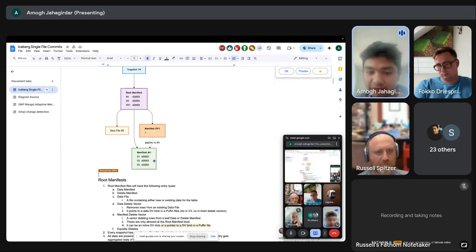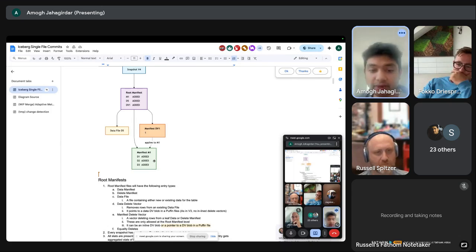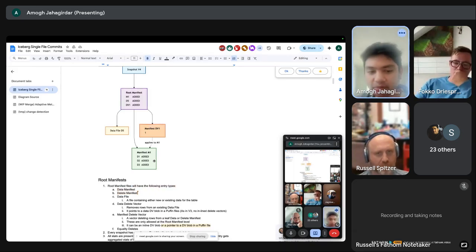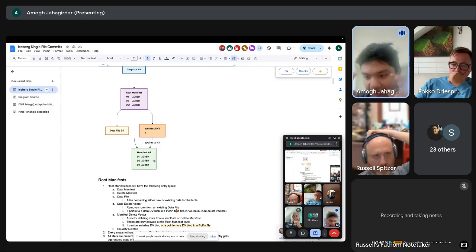They can contain data manifests, delete manifests, data files, DVs, equality deletes, and manifest delete vectors. I'll get into what a manifest DV is, but a root manifest can not only contain pointers to other manifests, it can also contain the data files and DVs, the leaf level of the metadata tree that exists today.